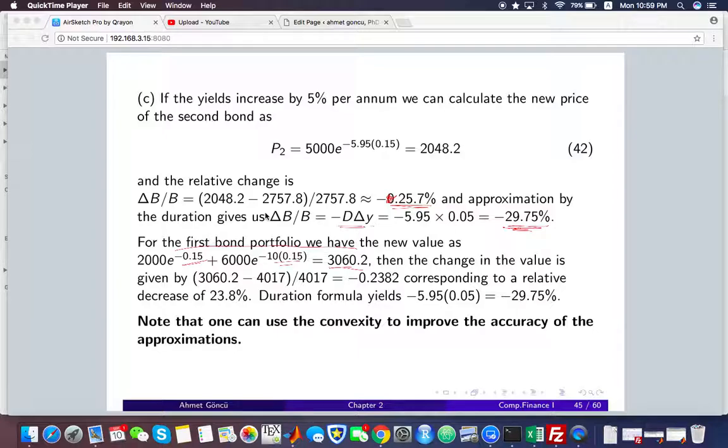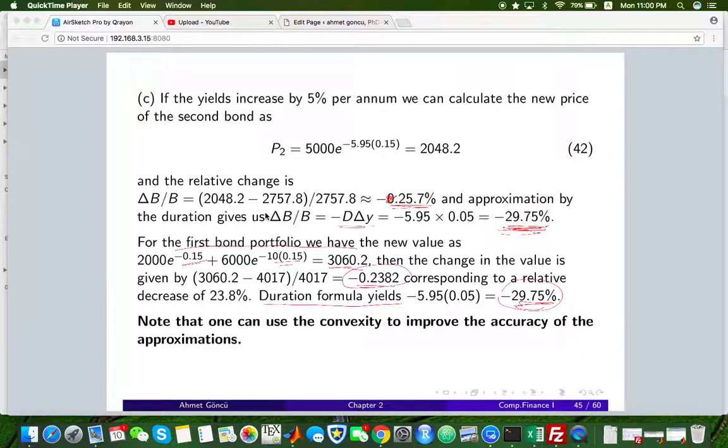Then the change in the value is calculated as 0.23, which is around a 24% decrease in the value of the first portfolio. And again, if you use the duration formula, what you get is the same as here, which is close to a 30% decrease. However, you can notice that the difference between these two numbers is large.